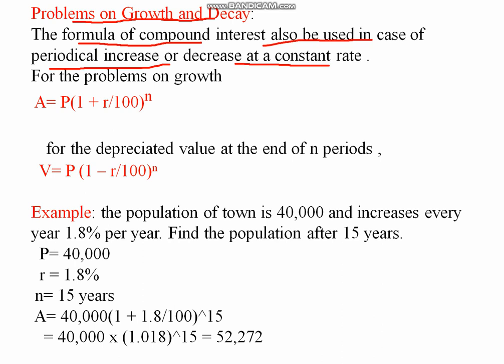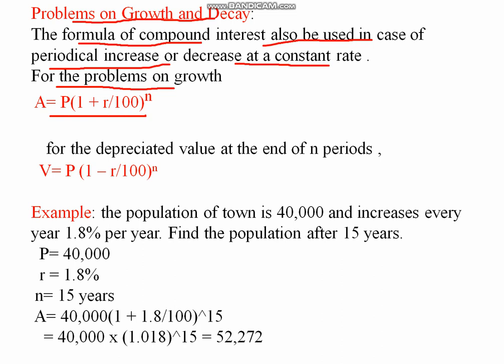For problems on growth, see which formula is used here. Amount A is equal to P in bracket 1 plus R upon 100 raised to n. If we are given the rate of increasing population, and after how many years we have to calculate the population, we calculate by using this formula.